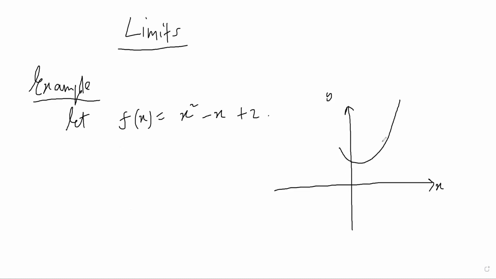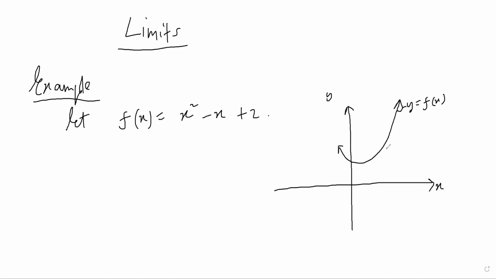It looks something like this. This is the graph of the function. The equation of this graph is y is equal to f of x, where of course f of x is equal to x squared minus x plus 2.